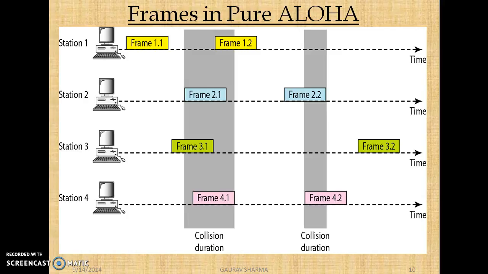So in this particular picture we can see that frames 1.2, 2.1, 3.1 and 4.1 are colliding because station 1, station 2, station 3 and station 4 are sending the data simultaneously. This is the biggest problem we have in pure Aloha.